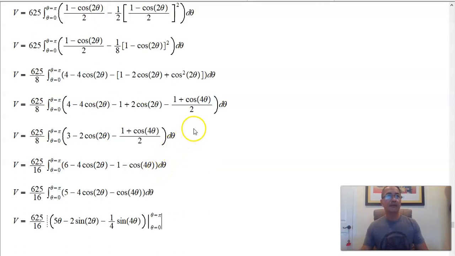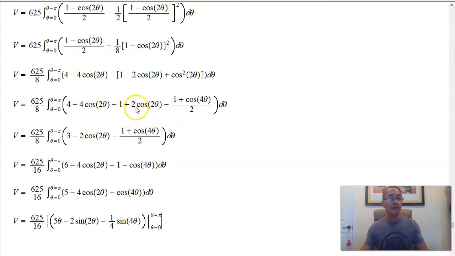All right, so we're heading for the home stretch. So that's a -1 and a +2, and a minus cosine squared 2 theta. So there's the power reduction. It's 1 plus cosine 4 theta over 2. Okay, and then simplify a little. 4 minus 1 is 3.